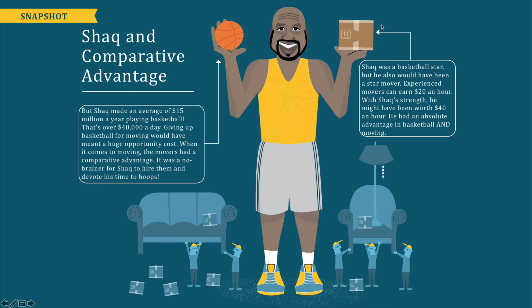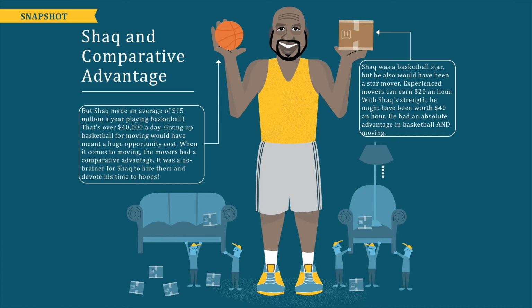So the end result is, first of all, you have to minimize the opportunity cost. And if you have the minimum opportunity cost compared to another person, you have to do that action. For Shaq, being a basketball player has a lower opportunity cost, so he's a basketball player.